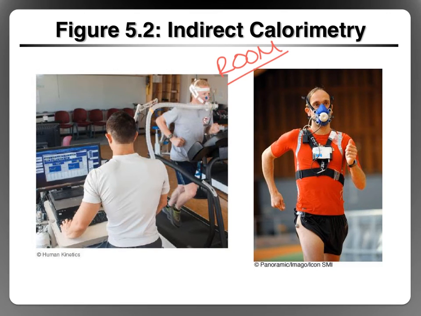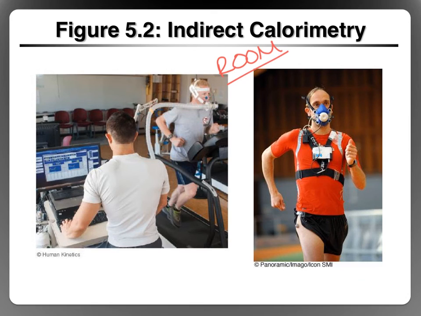So the system knows exactly how much air you're taking in and how much air you're exhaling. You've got a one-way mouthpiece here that prevents you from exhaling air into the room. So all the air that you inhale is going to come from the room, and all the air that you exhale is going to go through this tubing.